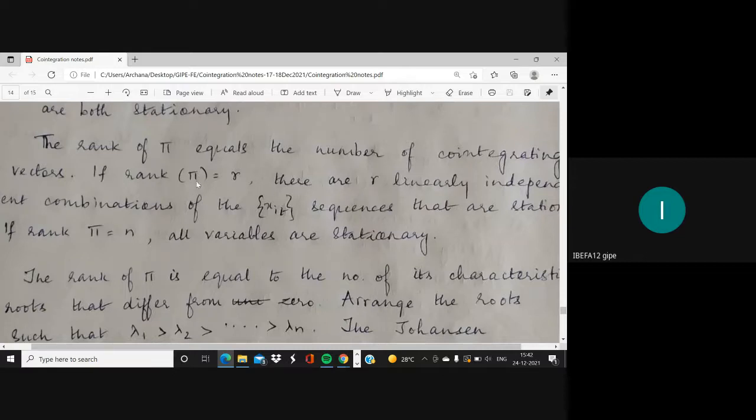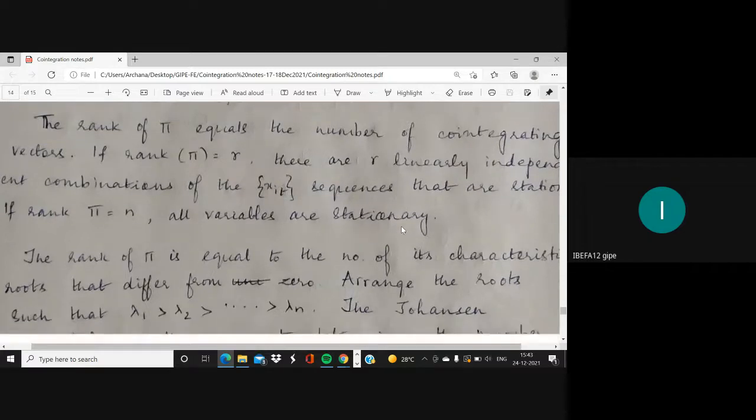Then if the rank of pi is equal to r, there are r linearly independent rows, so there will be r linearly independent combinations of the xit sequences that are stationary. And if the rank of pi is equal to n, or if it's a full rank, that means that all the rows are linearly independent, so there's no question of any sort of equilibrium relationship between the variables, and there's no co-integration because all the variables are now stationary.